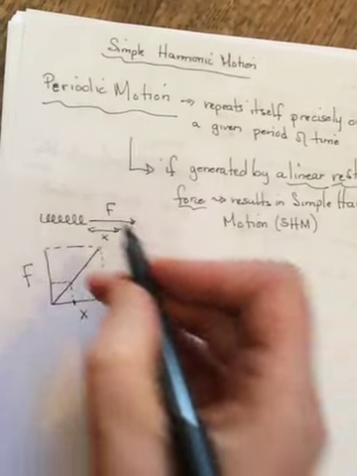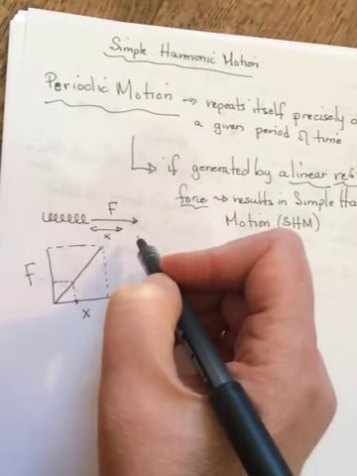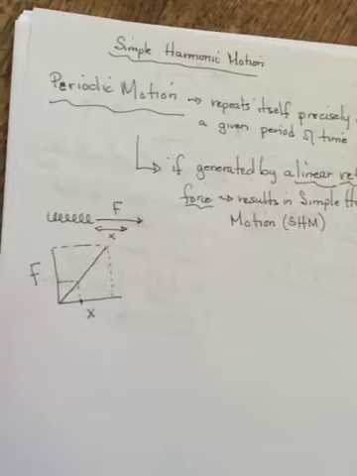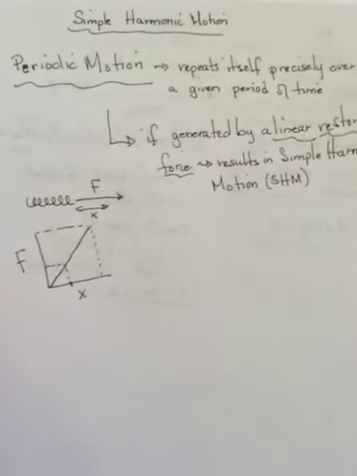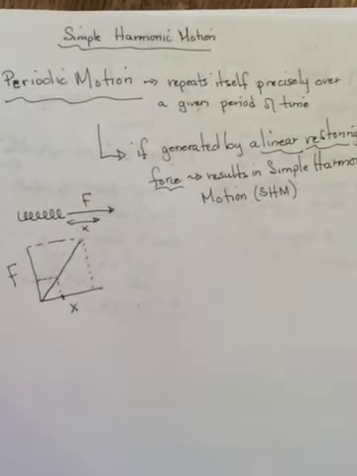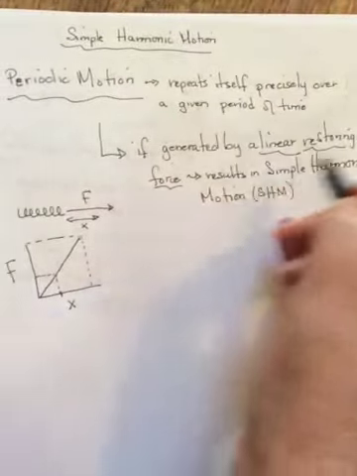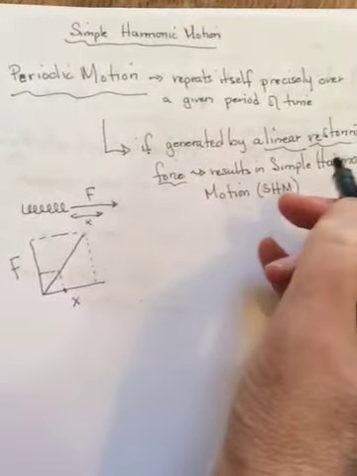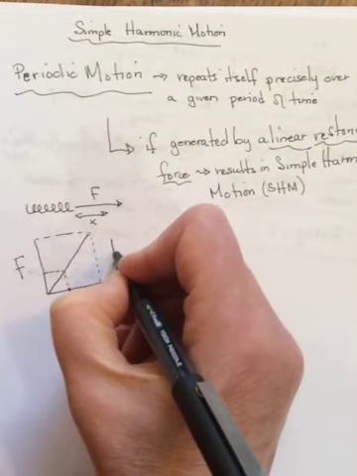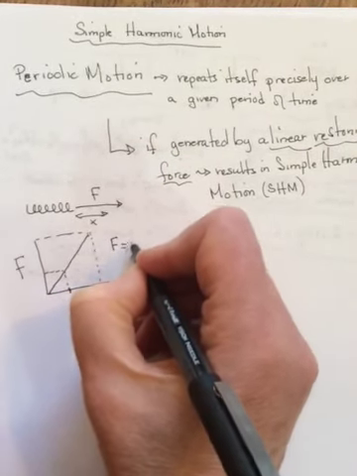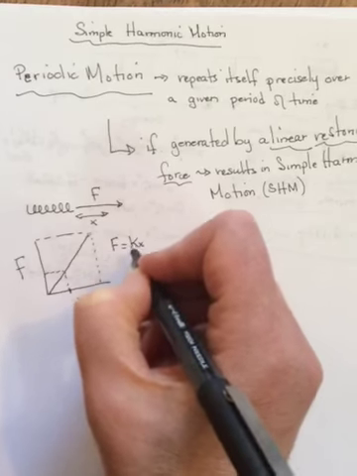The restoring part comes because if I stretch this spring out, the spring isn't going to like it. And the spring's going to do everything it can to get itself back into its regular shape, to restore itself. And so that's what we mean by a linear restoring force. And if you remember, Hooke's law was F equals kx.